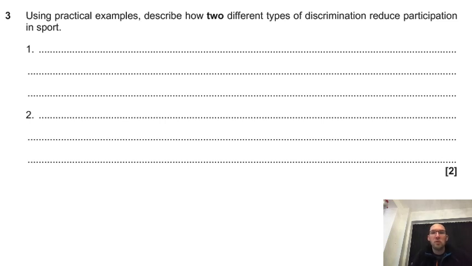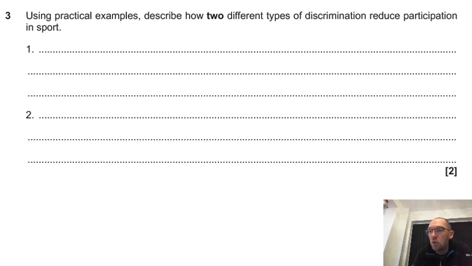Using practical examples, describe how 2 different types of discrimination reduce participation in sport. So, this is a question that carries 2 marks and is therefore looking for particular application.